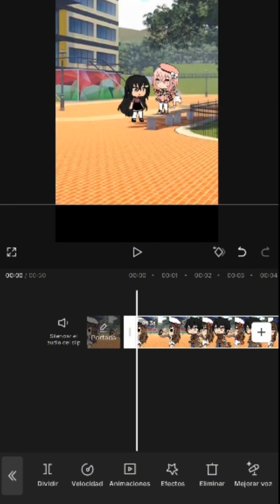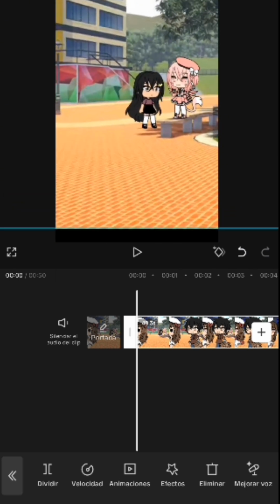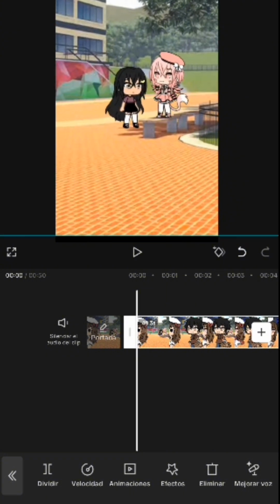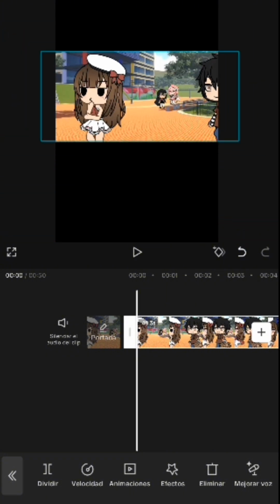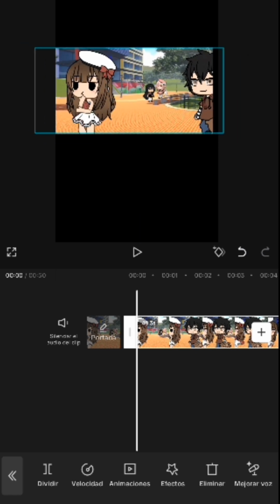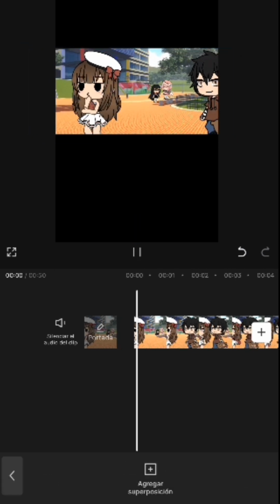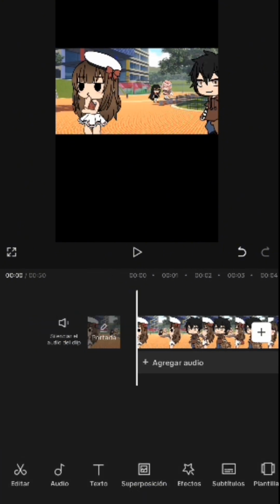For example, right here, you can make it bigger. You can make your characters really small, and then zoom in, that way it can fill up the whole space. But I prefer to keep it like this. It's more down, but that's how I usually post my videos. That way you can see all of it.